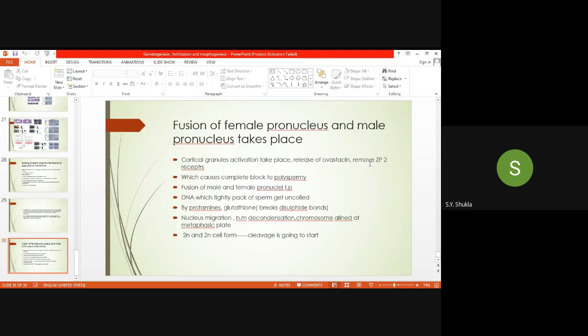Then the male and female pronuclei fuse. The sperm DNA is very tightly packed and is uncoiled by enzymes, protamines and glutathione. Then the chromosomes are arranged on the metaphase plate, the nuclear membrane is degraded, chromosomes align at the metaphase plate, and cell division starts. That is the next phase of development: cleavage is going to start.